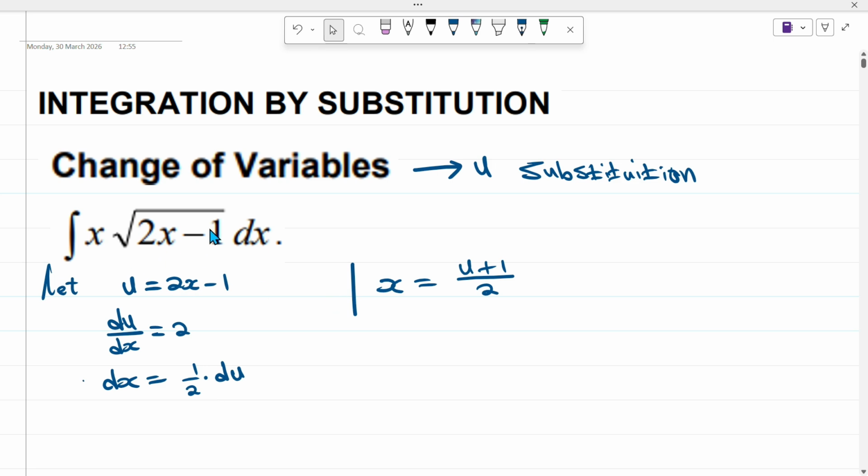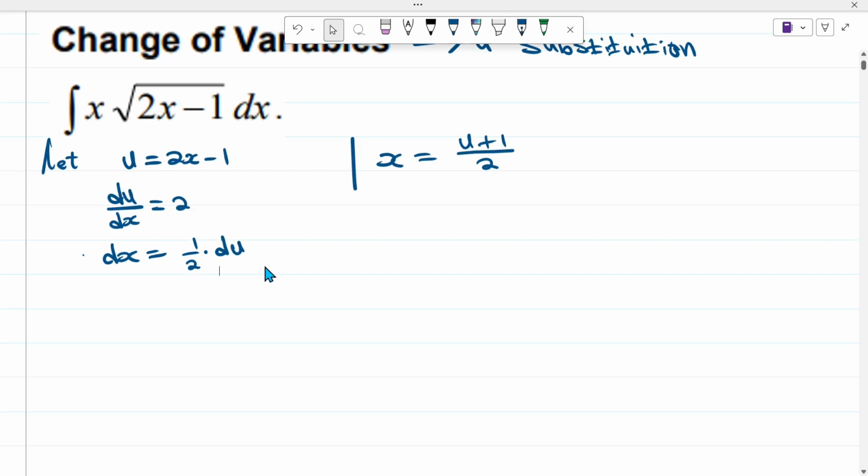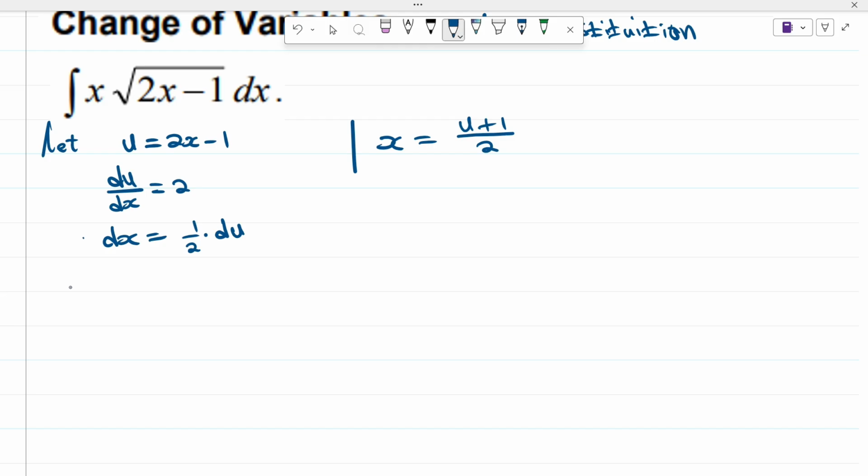So now we just need to rewrite this integral with respect to U. Our integral is going to be something like this. Our x is equivalent to (U plus 1) over 2, multiplied by the root of U, because remember we said 2x minus 1 is equal to U. So this is going to be multiplied by U to the power 1 over 2.